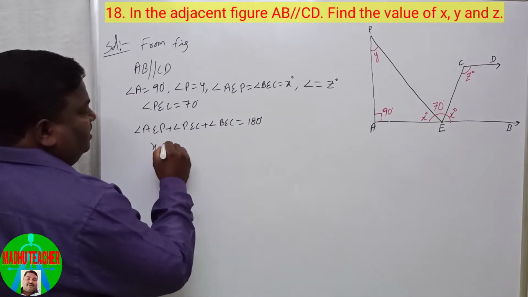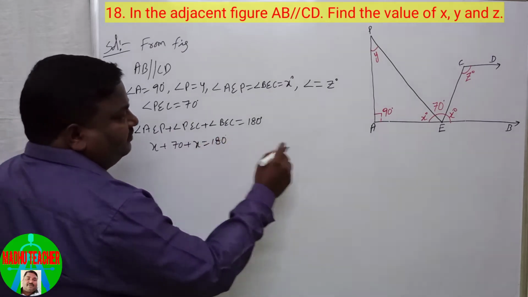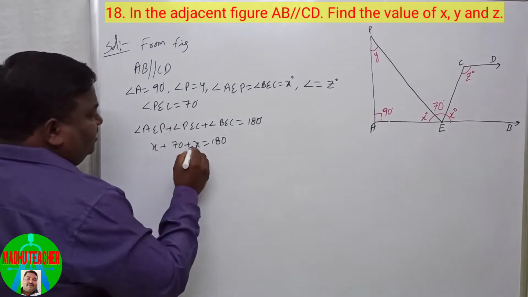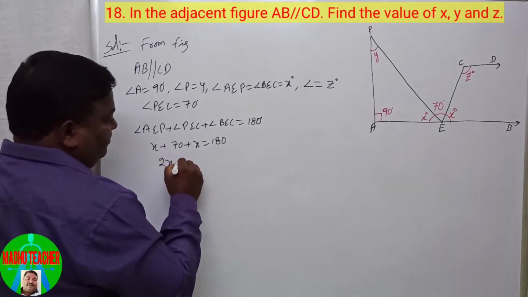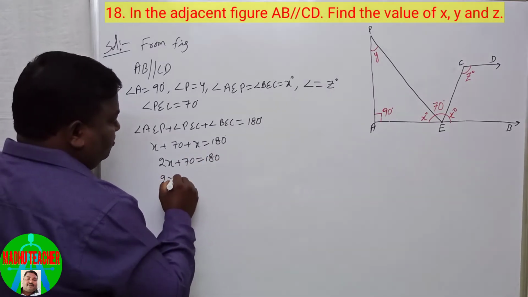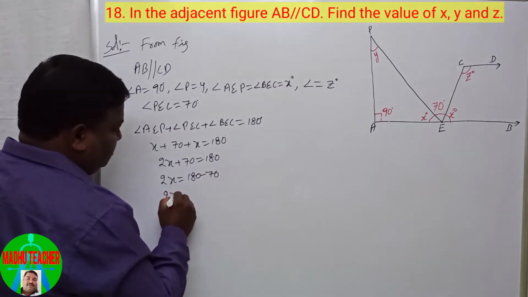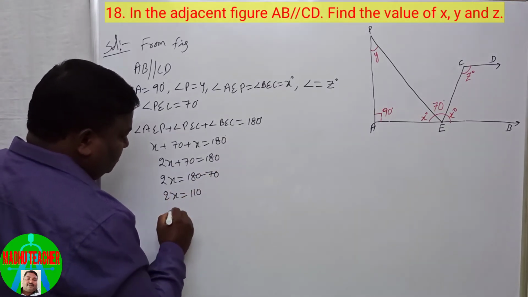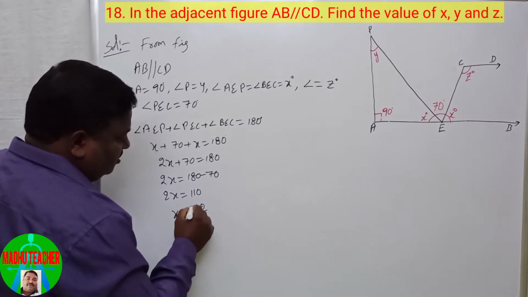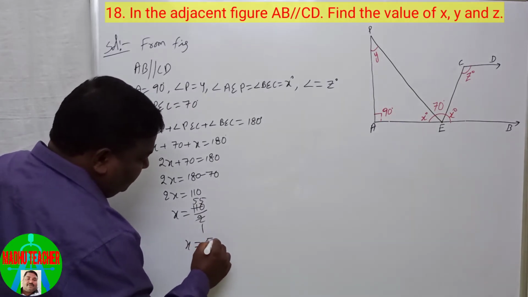So x plus 70 plus x equal to 180. 2x plus 70 equal to 180. 2x equal to 180 minus 70, 2x equal to 110 degrees. x equal to 110 by 2, x equal to 55 degrees.